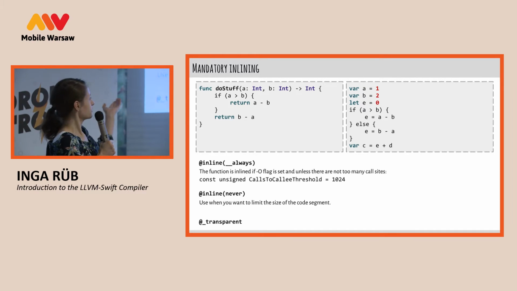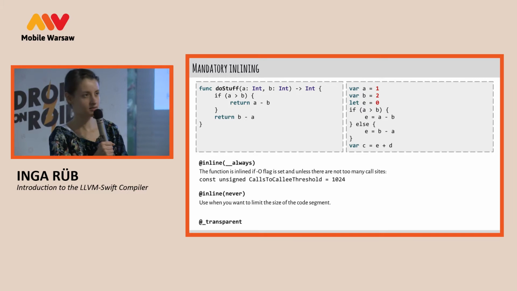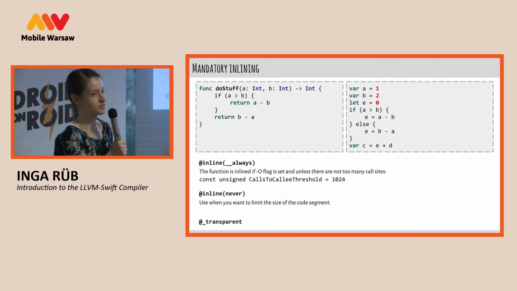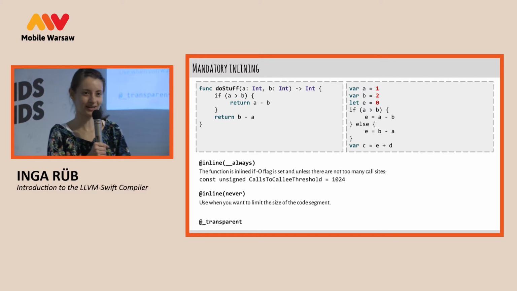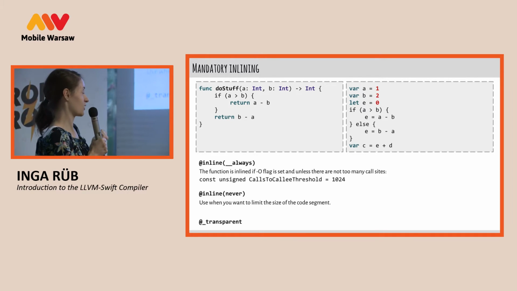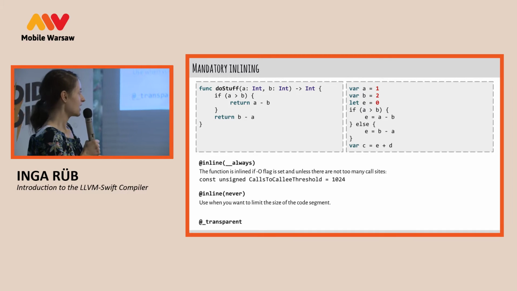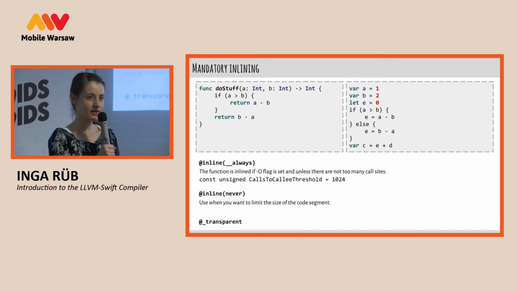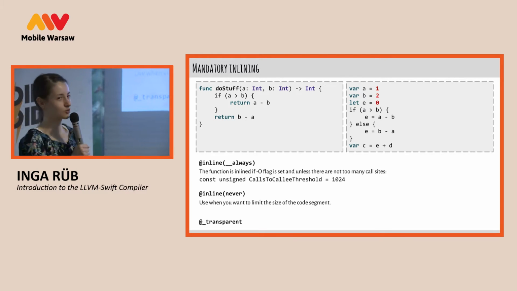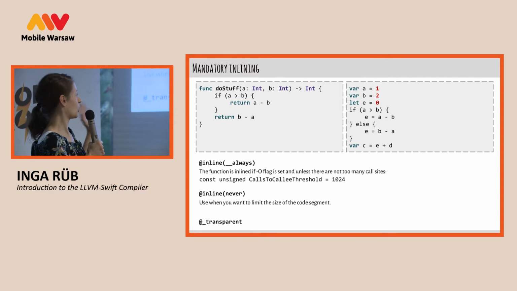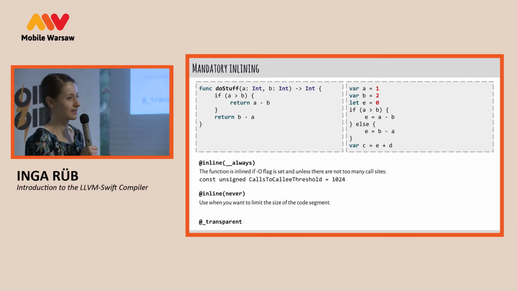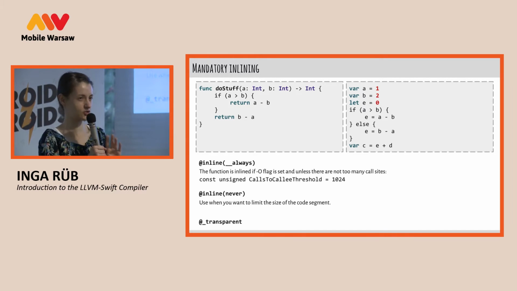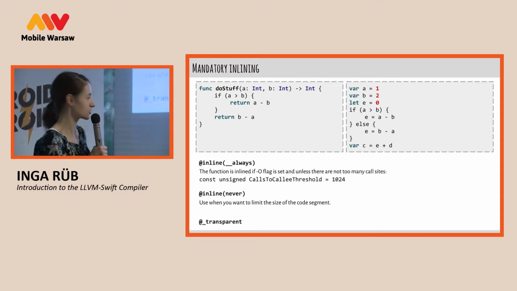So you have the keyword to decorate your function, inline always, and it tells the compiler, please inline this function. I know it is good for my code, no matter what your diagnostic passes say. I want this function to be inlined, and the compiler will inline the function unless you call it too many times. If you call the function too many times, then the compiler knows that the size of the binary will be just too big and it won't inline the function.